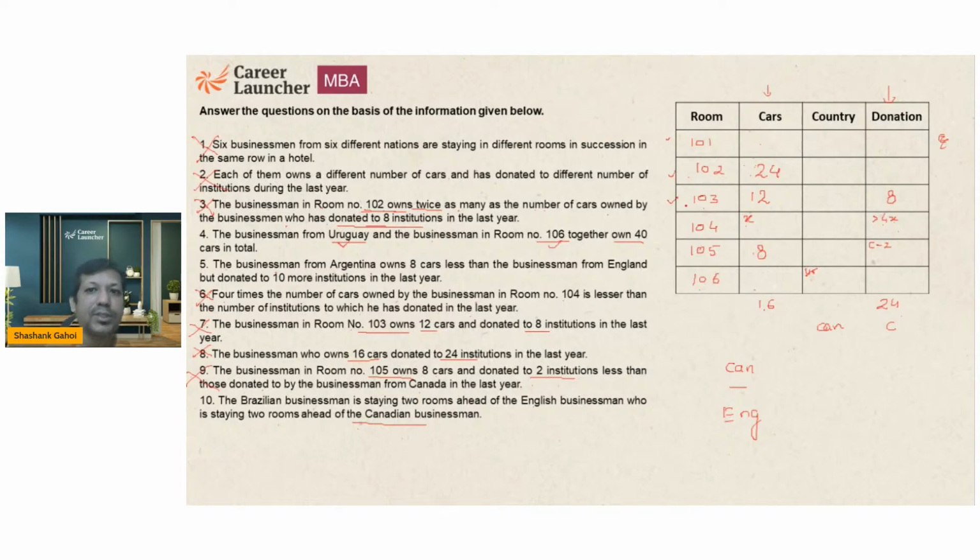Room 103 is ahead of room 101 as well as 102. So this is what it is talking about. Canada, then England, then Brazil. Okay, so I got cases. If the first is Canada, then the third is going to be England and the fifth is going to be Brazil. If the second is Canada, then 4 is going to be England and 6 is going to be Brazil. And these 2 cases I am going to have.